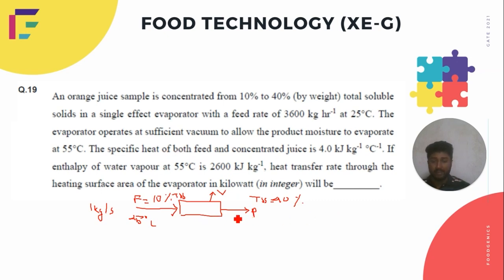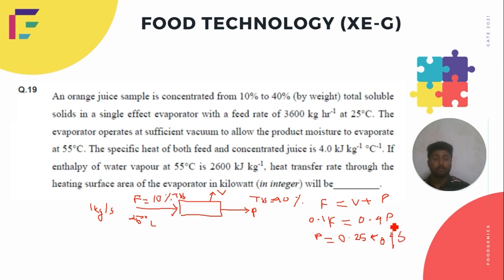So if we have to find out the amount of your feed and product and vapor, if we do the simple material balance, F is equal to V plus P. Now if we do the solid balance, vapor doesn't have any solids, so 10%, that is your 0.1 F is equal to your 0.4 P. So from here F is your 1 kg per second, so P is equal to 0.25 kg per second.